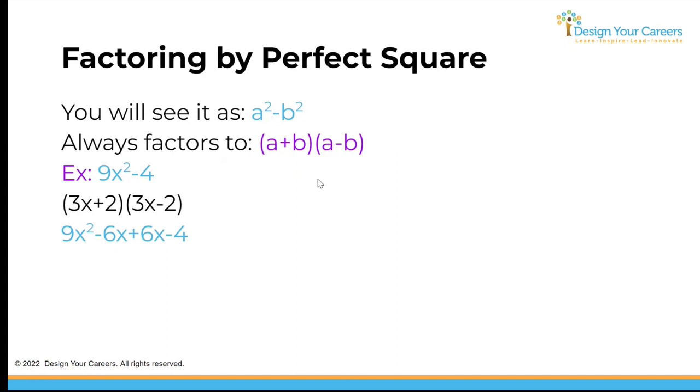Now that we've checked that it adheres to the rules, it's time to factor it. We literally just need to follow this pattern, template, formula, whatever you want to call it.